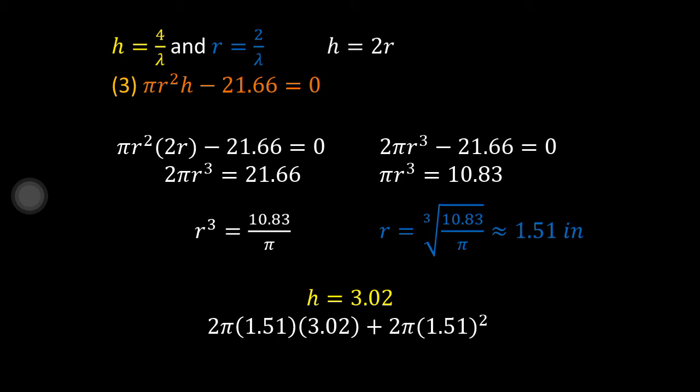So, the surface area is then a minimum and is approximately 2 pi multiplied to r, which is 1.51, and h, which is 3.02, plus 2 pi multiplied to the 1.51 squared, or about 42.98 square inches. So, ito na yung minimum value na nakuha natin sa given na problem.